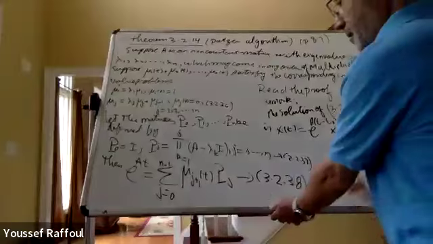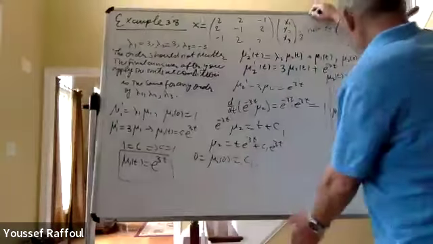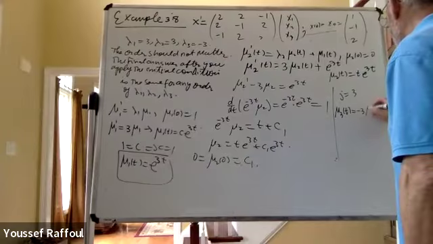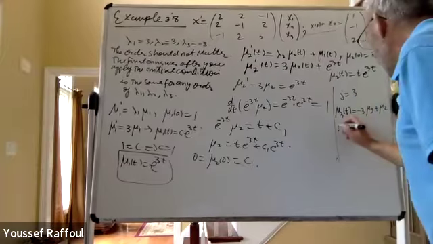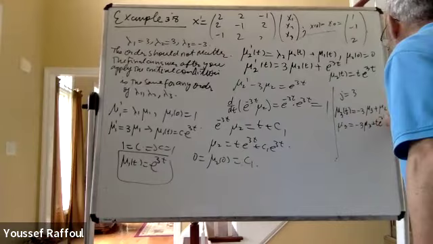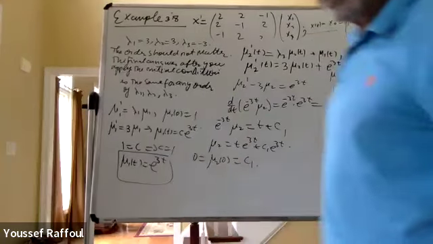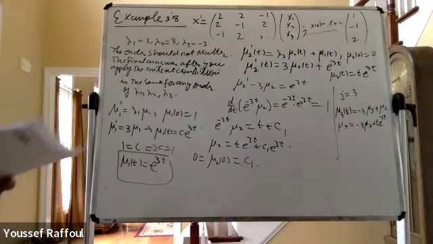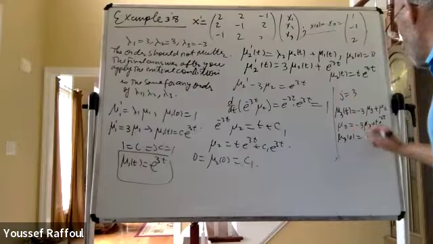J equal to 3 will be lambda 3 mu 3. What is lambda 3? Minus 3 mu 3 plus mu 2. So mu 3 prime is minus 3 mu 3 plus t e to the 3t. That is this one. So go ahead and solve it. Let's see what you get. And you have mu 3 of 0 equals 0.